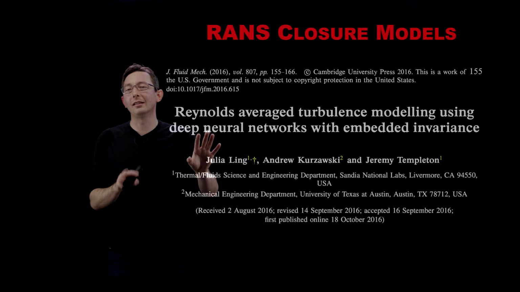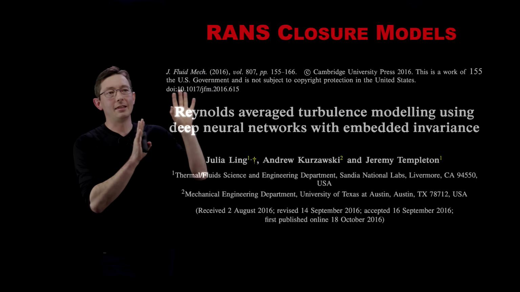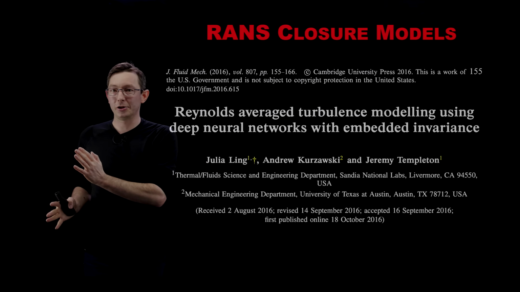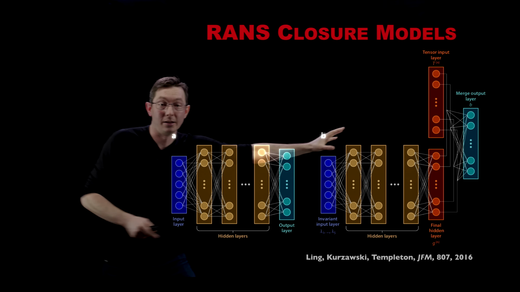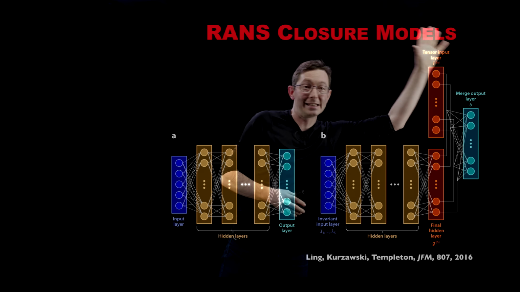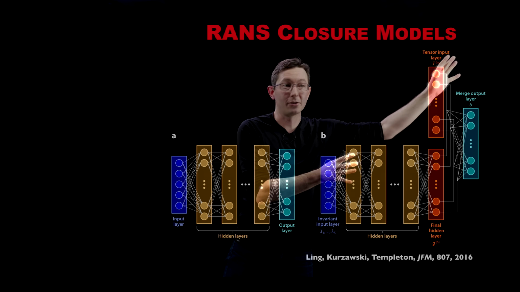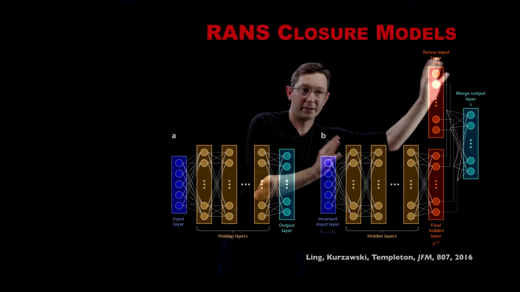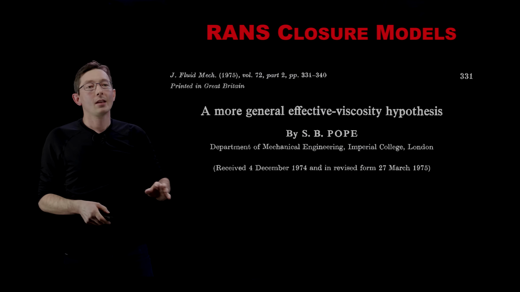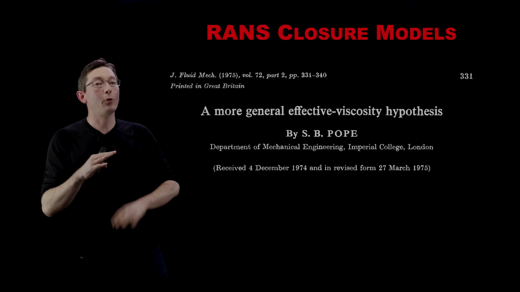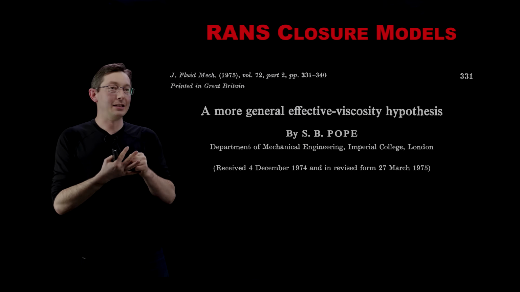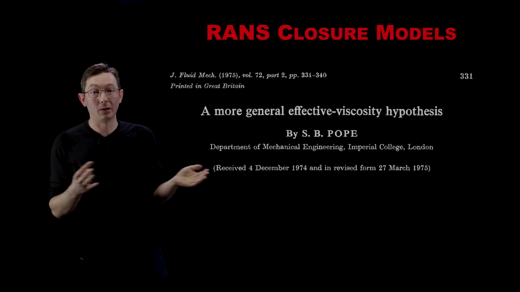And one of the things I love about this paper is that they went back to the literature, back to 1975 to this, and this is the architecture they use. So they're going to use this custom architecture that is designed to be physical. I'll tell you about this in a little bit. But they went back to the literature from 1975, before we had these supercomputers and deep learning, anything.